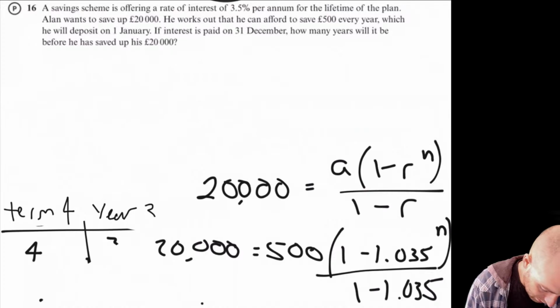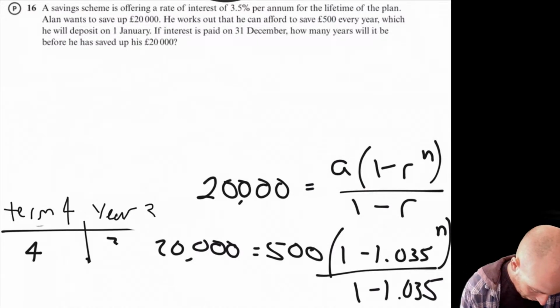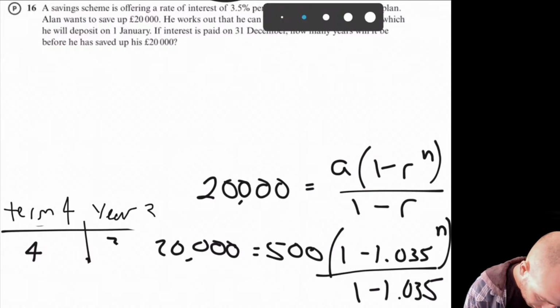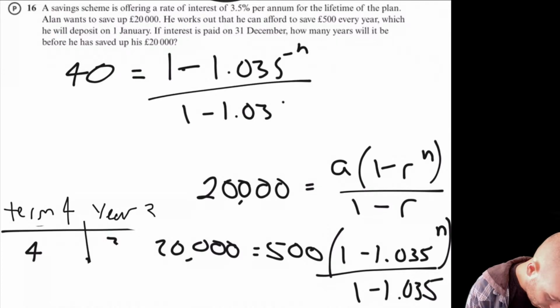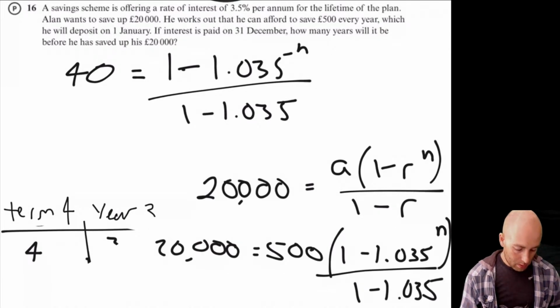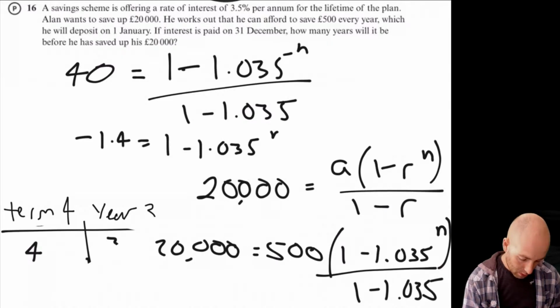So then, to work this out, I can divide both sides by 500 to get 40. Times that by 1 minus 1.035 to get minus 1.4 is 1 minus 1.035 to the n.